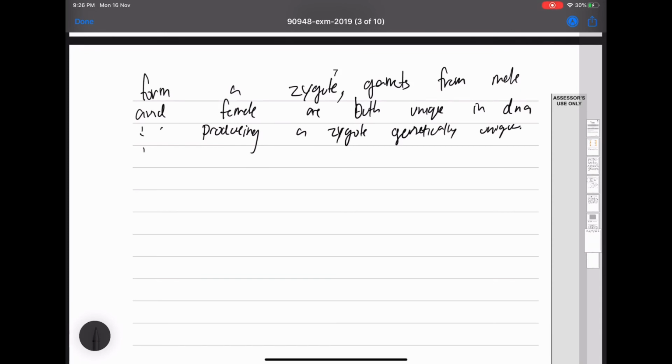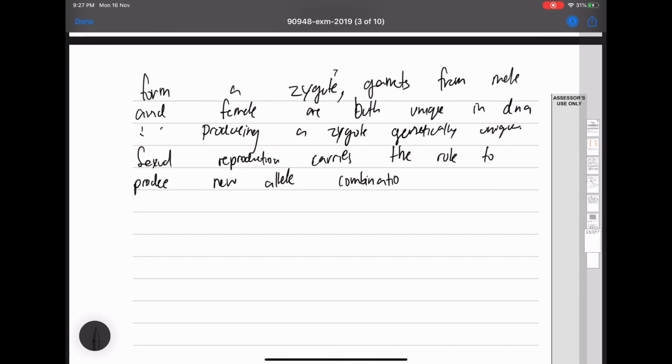So we can say that sexual reproduction carries the role to produce new allele combinations. And as we said, these combinations are made in the gametes during meiosis by crossing over or independent assortment.